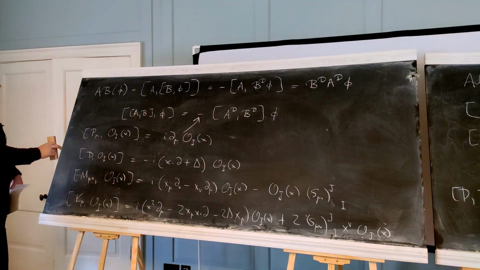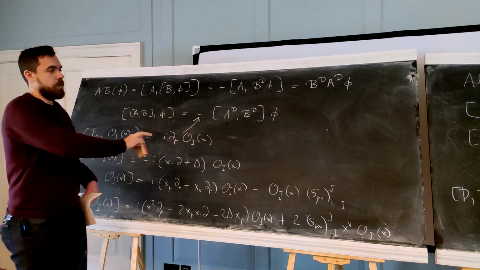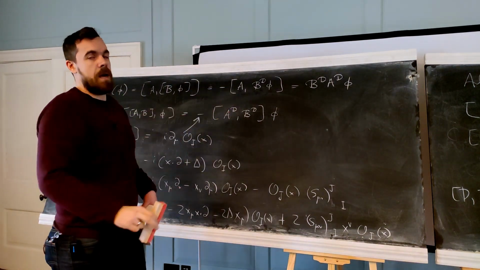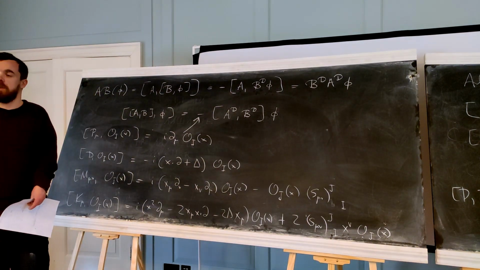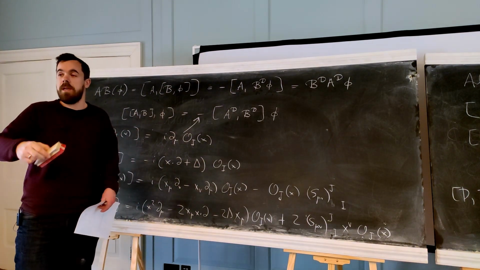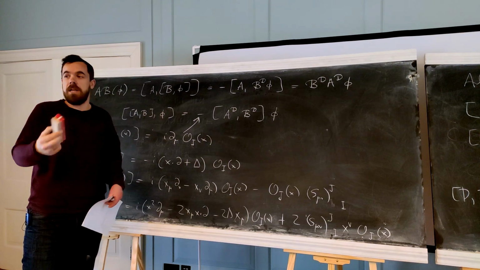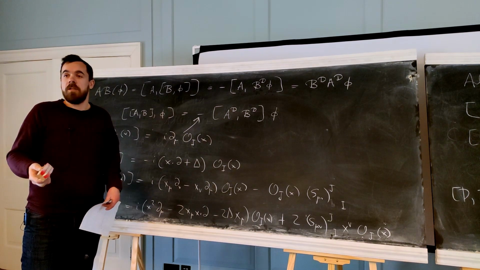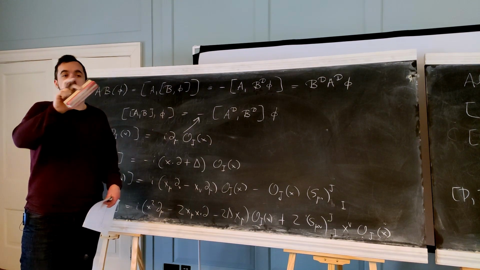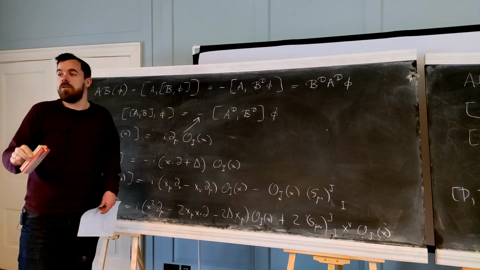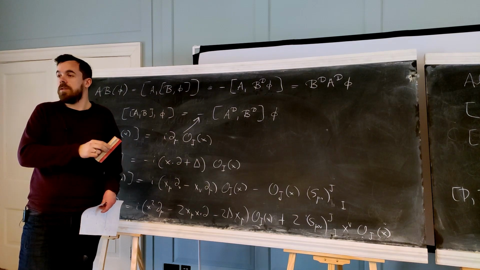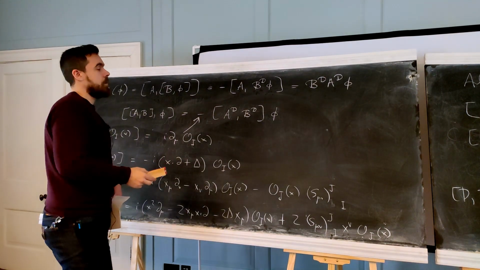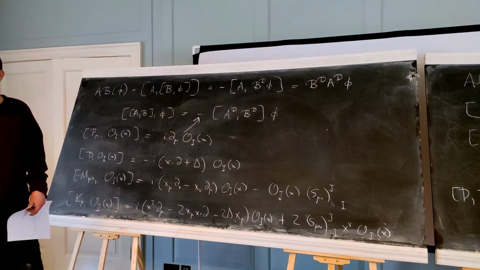So by knowing how the algebra of the transformations acts on the operators, we can then use these same equations to see how the algebra acts on correlation functions. And once we know that, we'll be able to constrain what those correlation functions can look like in a theory with conformal symmetry. So that's what we're going to do next, unless there are any questions.